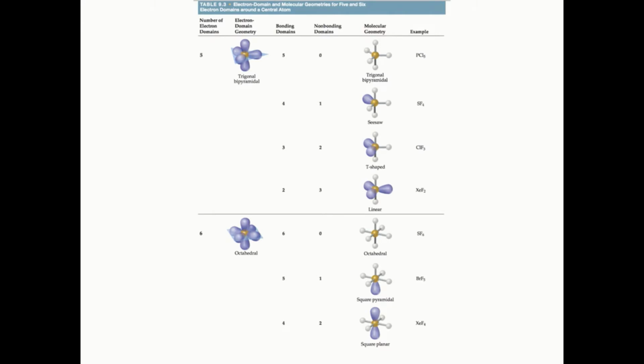And then finally, if you have 4 bonding and 2 non-bonding, then it is square planar. Okay? So these are all your expanded octet molecular geometries. It's a matter of memorizing them and then being able to draw them with the Lewis structure and then identify what the molecular geometry is. So make sure to do the practice so that you can get some practice with it, and then you will need to memorize those shapes.